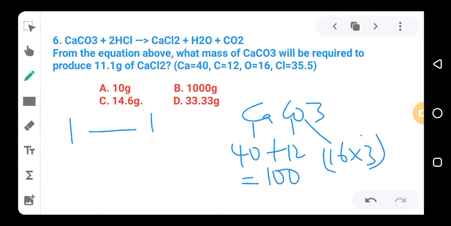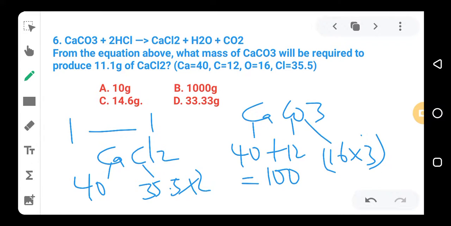Then the molar mass of CaCl2 is equal to 40 plus 35.5 times 2, and if we add everything, it will give us 111.